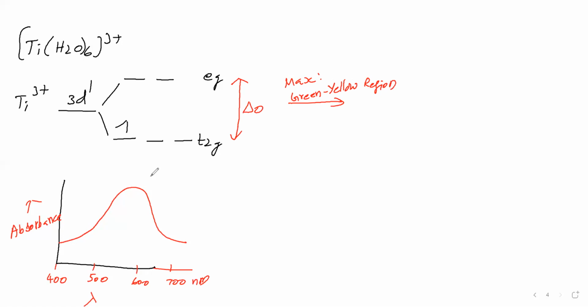It is absorbing this photon which comes under the green yellow region. So this complex has absorbed that photon to the maximum extent. That's what we have said here.